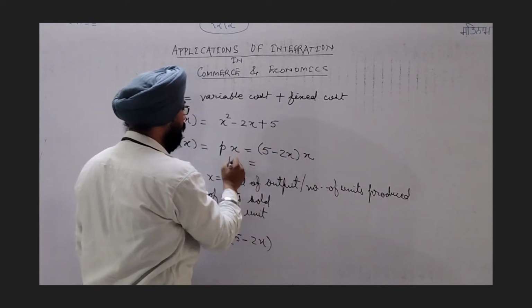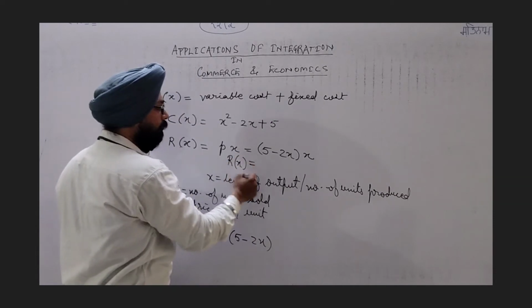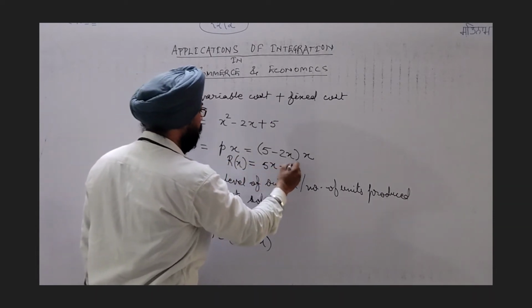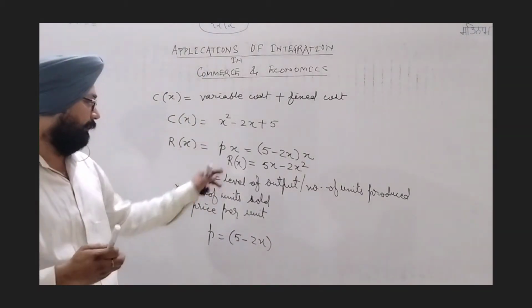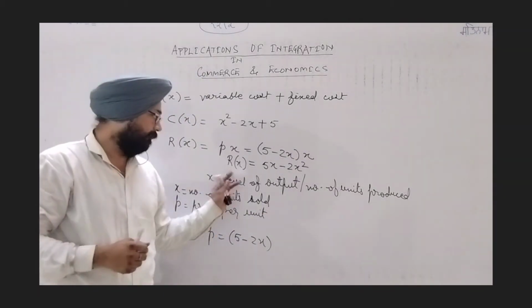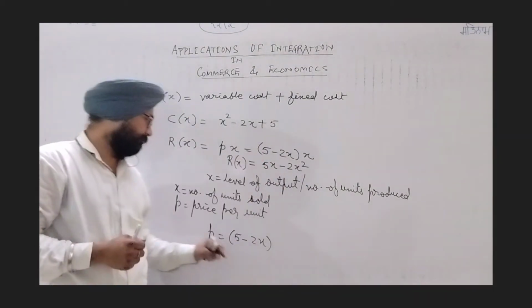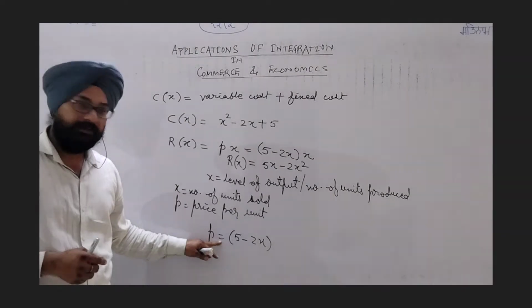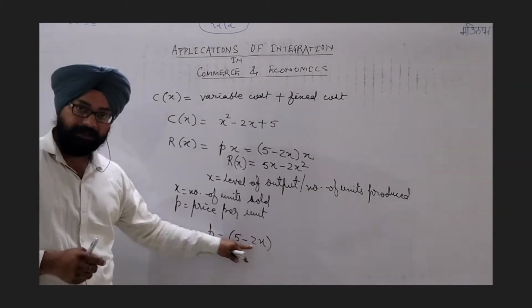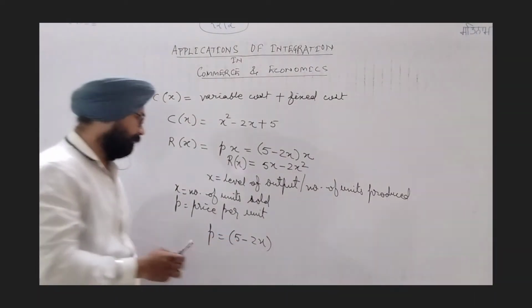So the final value of the revenue function comes out to be 5x minus 2x square. Yes, we see that revenue R(x) is a function of x here, where x stands for number of units sold.